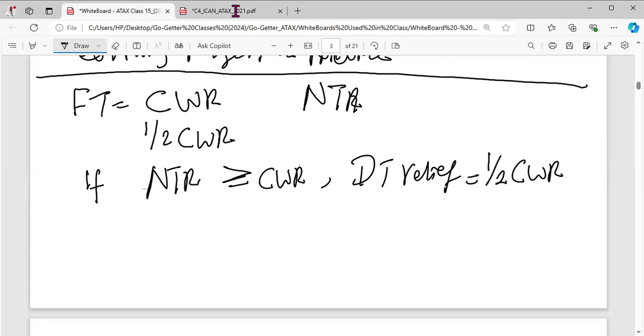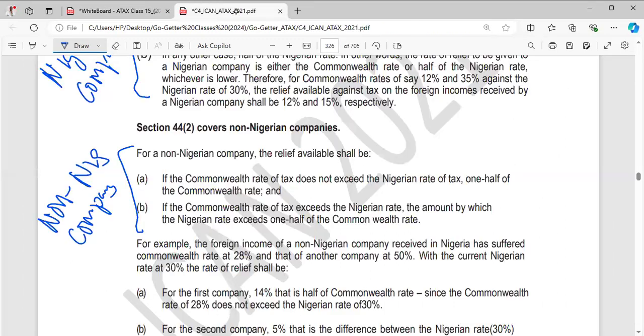Then in the second case, if the Commonwealth rate of tax is bigger than Nigerian tax rate, now the amount by which Nigerian tax rate exceeds half of the Commonwealth rate.